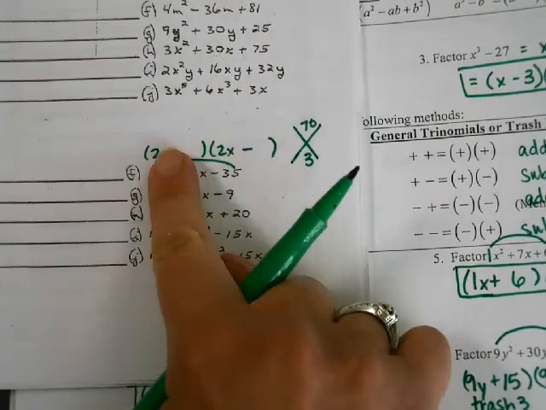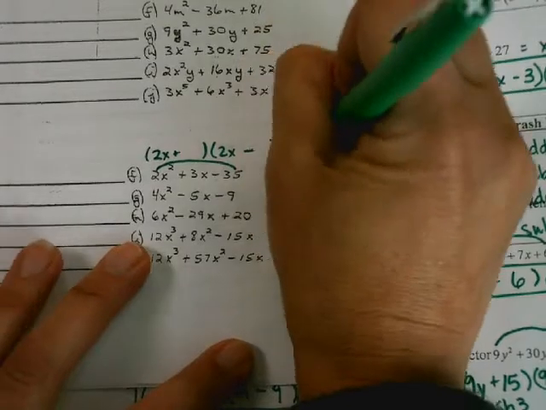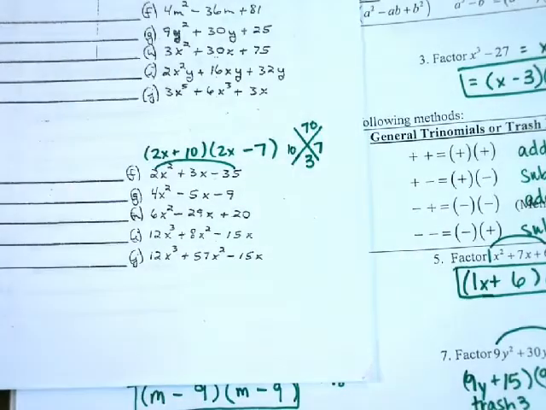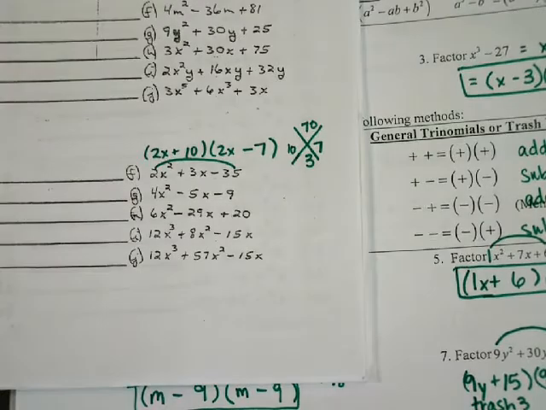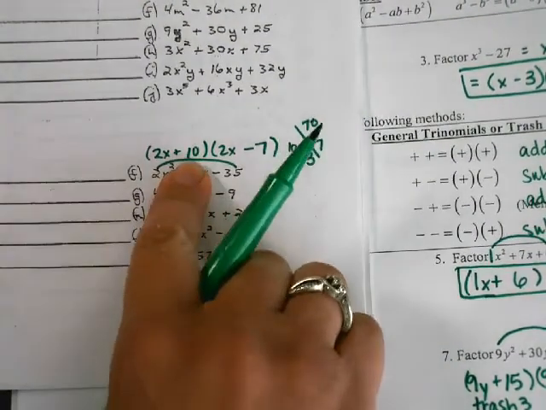The signs are different, so they subtract to give you 3. Ten and 7. Perfect. Put the bigger number first. I wanted a positive 3, so I need a positive 10.